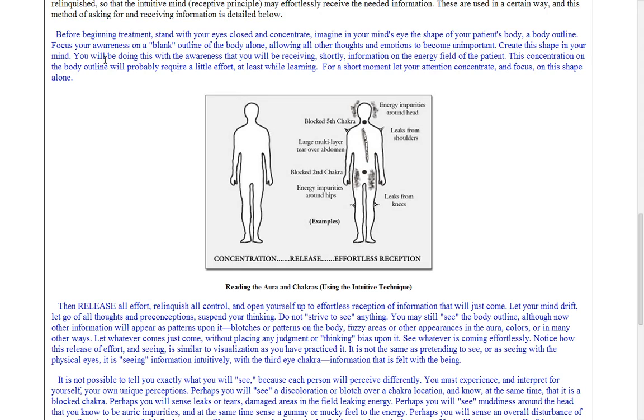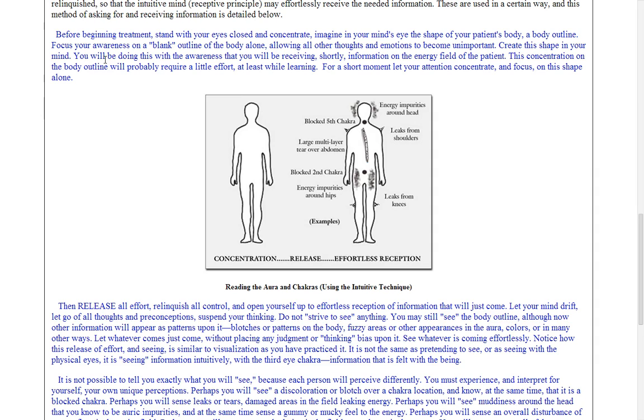Before beginning treatment, stand with your eyes closed and concentrate. Imagine in your mind's eye the shape of your patient's body, a body outline. Focus your awareness on a blank outline of the body alone.